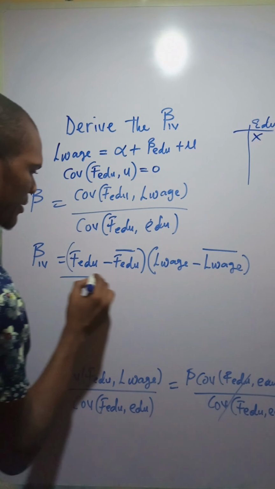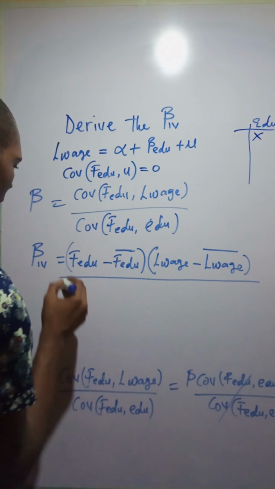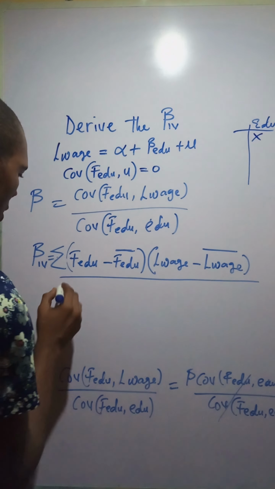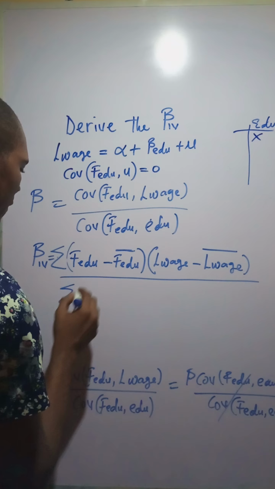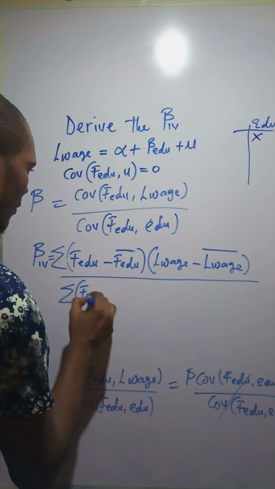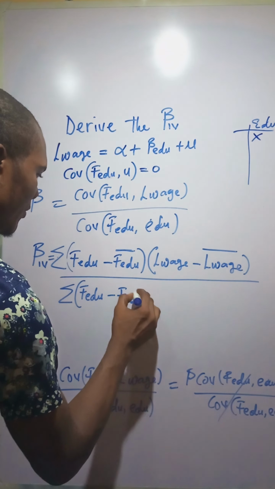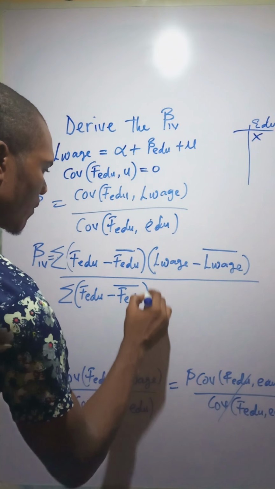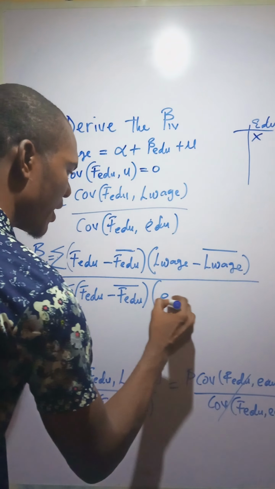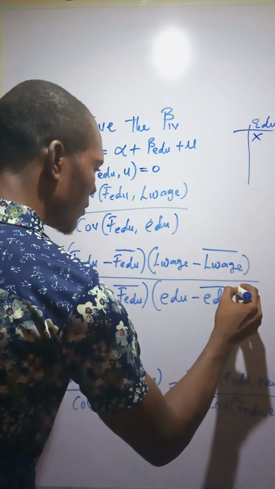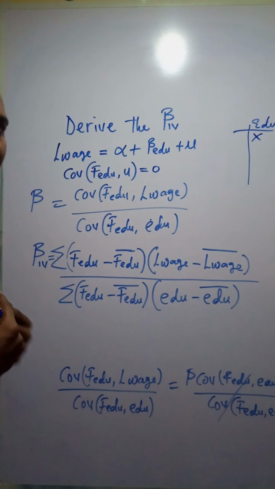All right. Then divided by, remember, the summation of father's education minus the mean of father's education, then education minus the mean of education. So this is it.